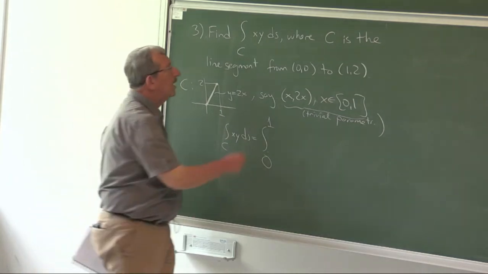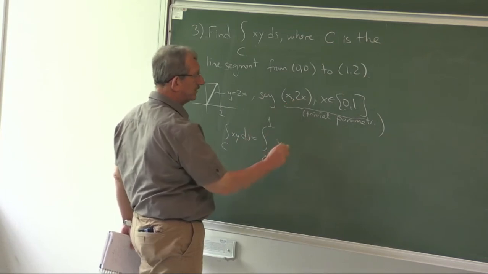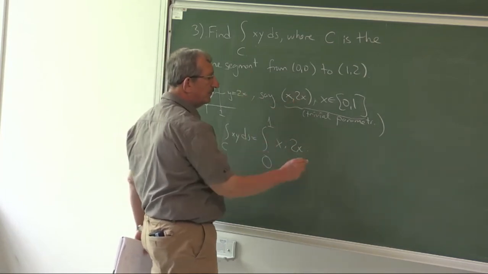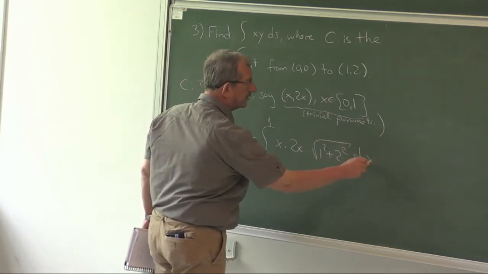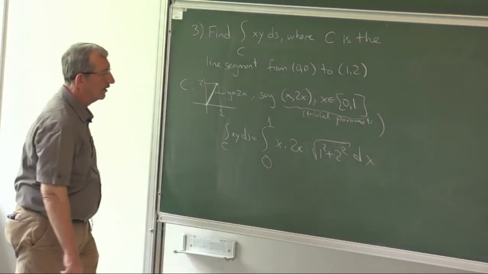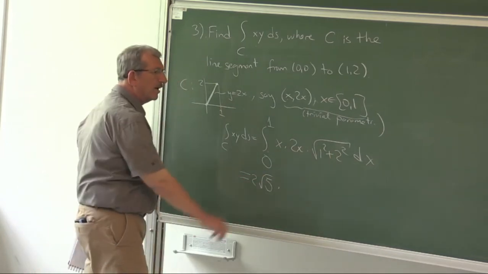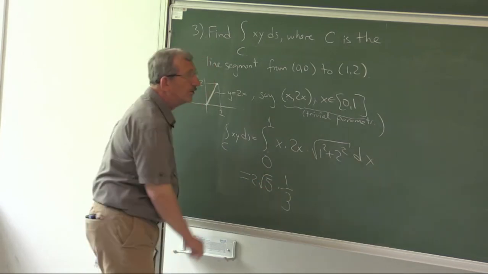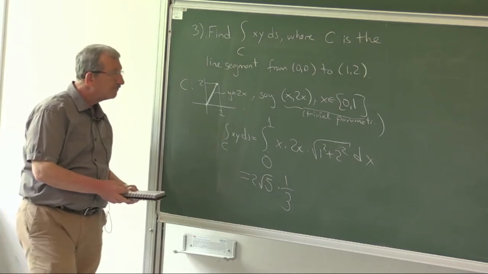So we have x is x, y is 2x, and ds is the square root of the sum of the derivative squares, dx. So it is 2 root 5, and x cubed over 3, so 1/3, as direct computation shows.